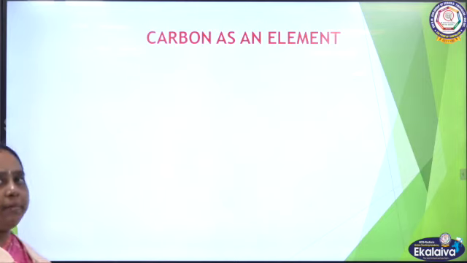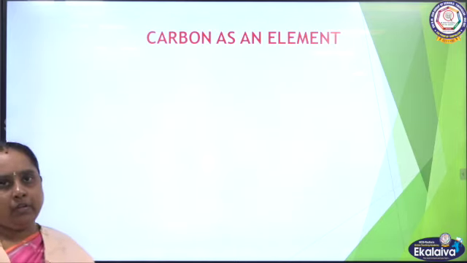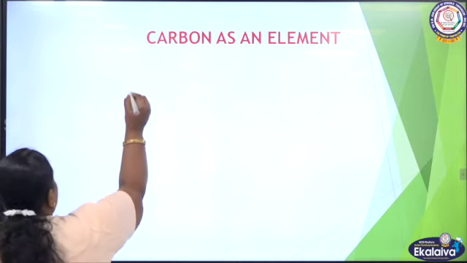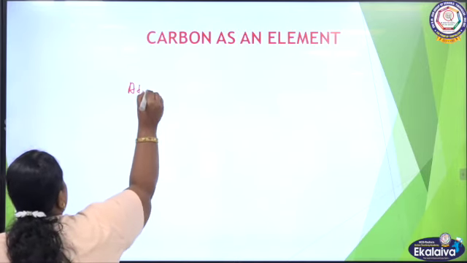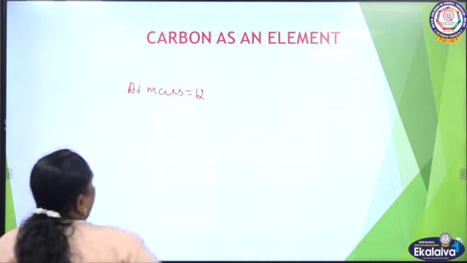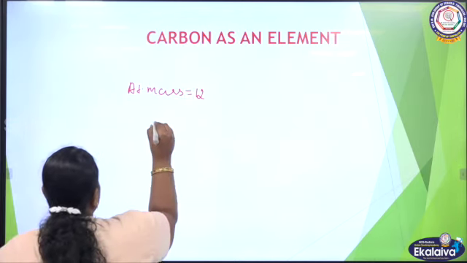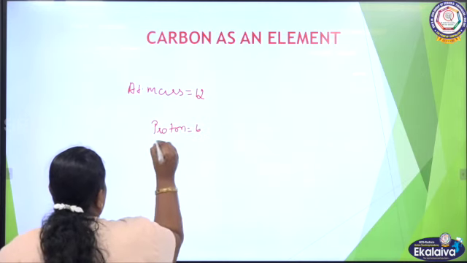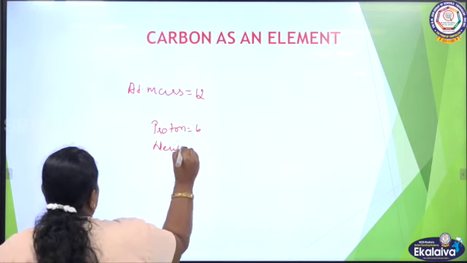Right. So how does carbon play a role as an element? If you take carbon, the atomic mass is 12, which means that in the nucleus it has 6 protons and 6 neutrons.